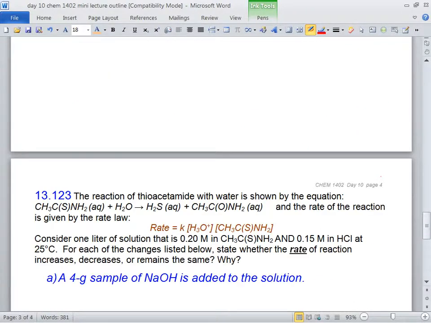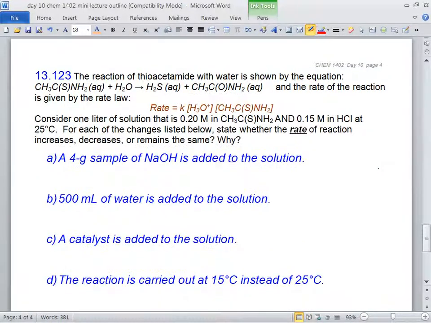Not so bad. Okay, I think this question's a little more interesting. Here's our reaction, and they gave us the rate law. And they give us a solution of these reactants, the things that are in there. Let's see if you recognize something here first.